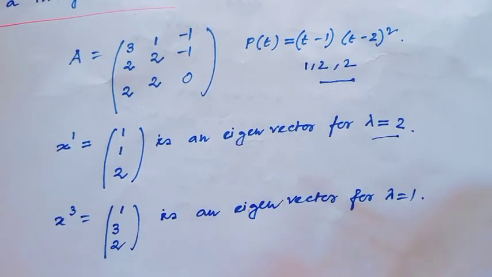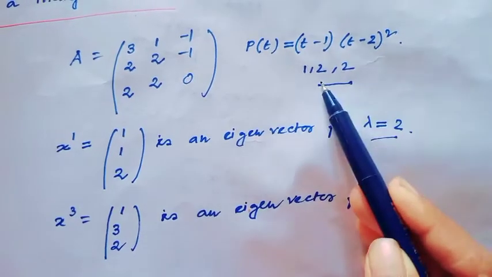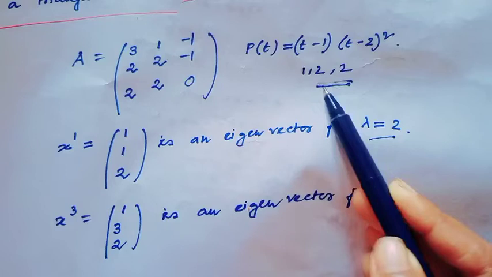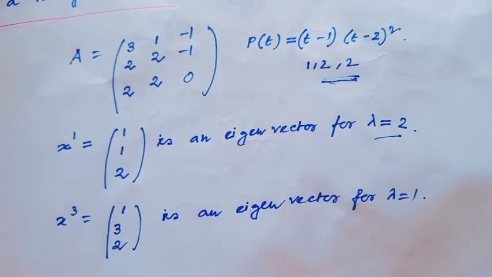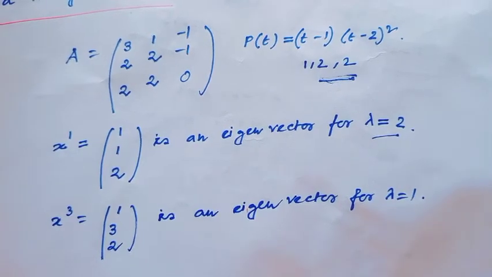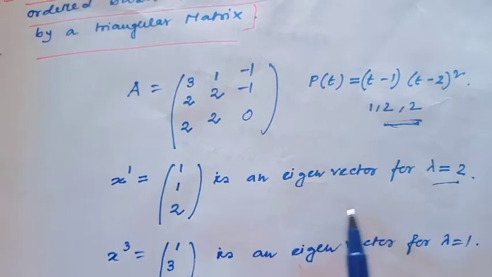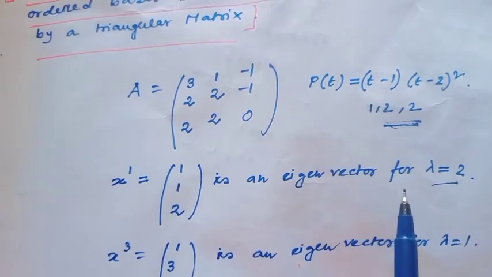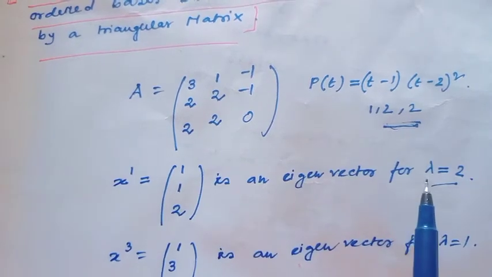So this matrix is not diagonalizable, because for lambda equal to 2 there are two eigenvalues but only one eigenvector exists. That matrix is not diagonalizable. For lambda equal to 2, the one eigenvector exists, and we need a generalized eigenvector.